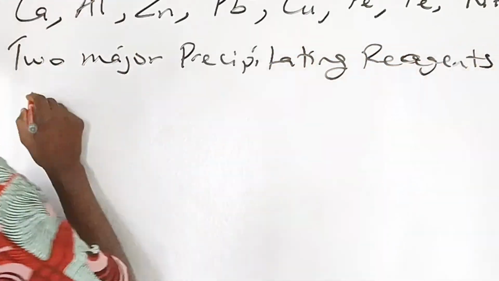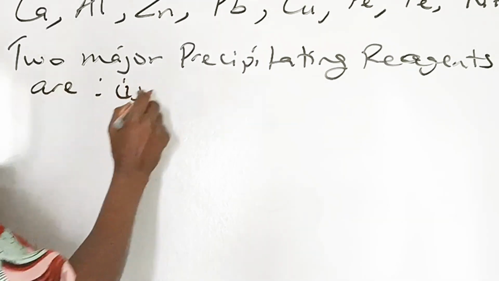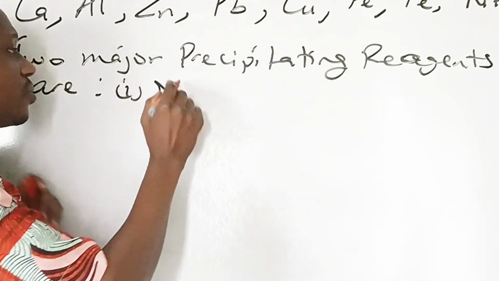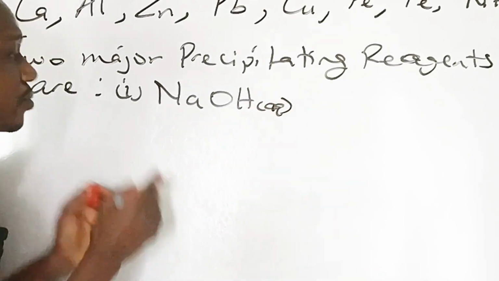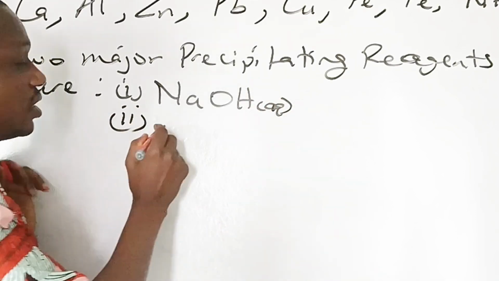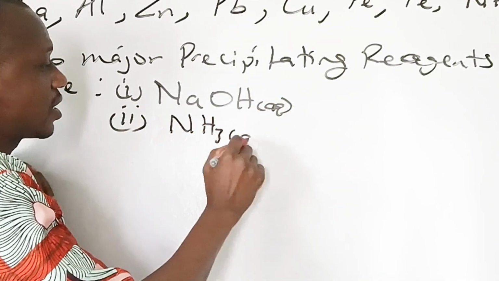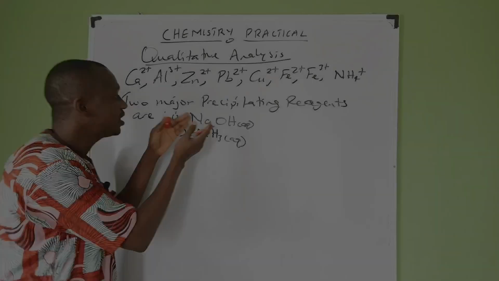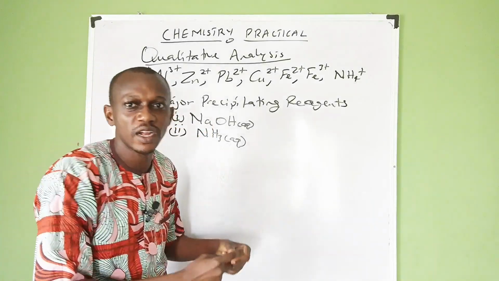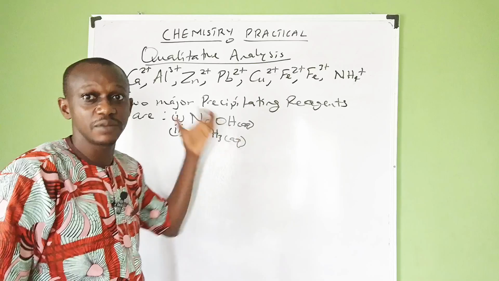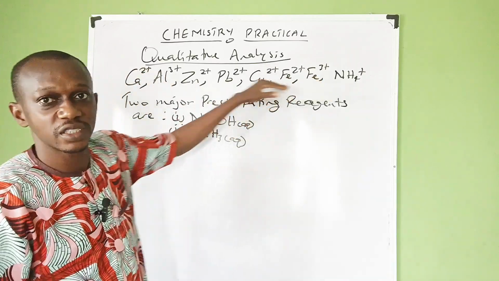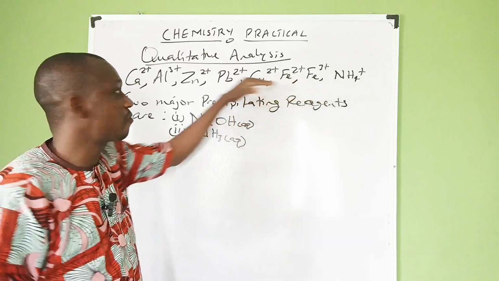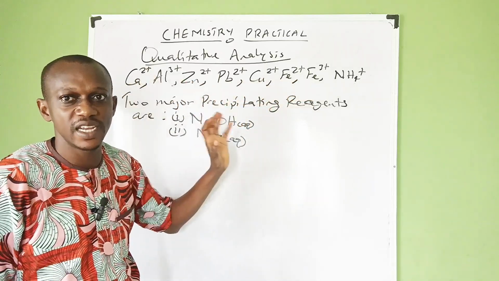The first one here is NaOH, that is sodium hydroxide. The second one is aqueous ammonia, NH3. These two precipitating reagents will be used to test for all these and confirm them at different stages.